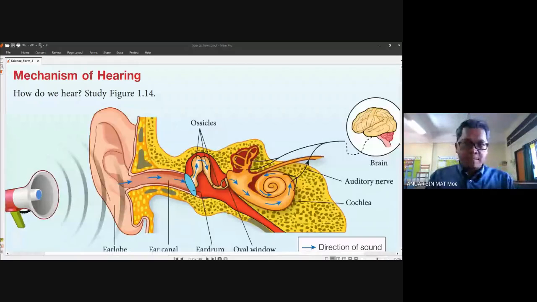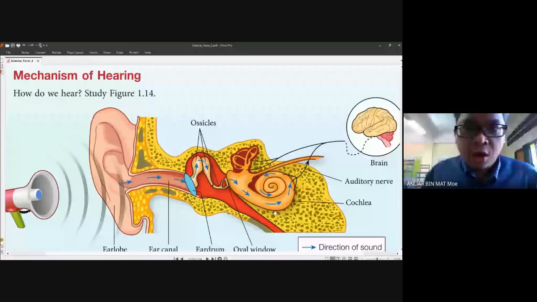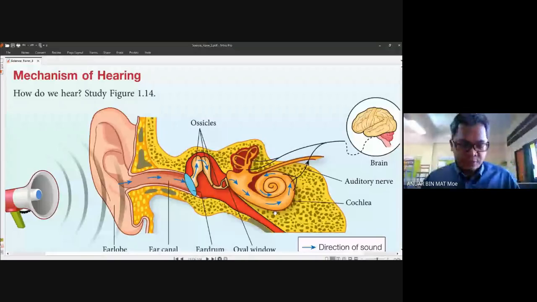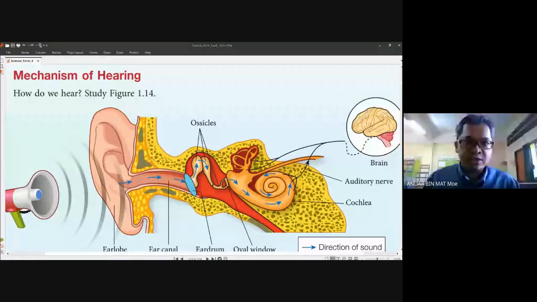Okay, so today we continue our next topic for 1.2. If you still remember, last week we already learned about the 5 sensory organs in human. What are the 5 sensory organs?